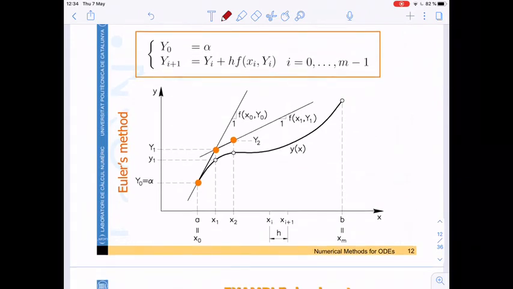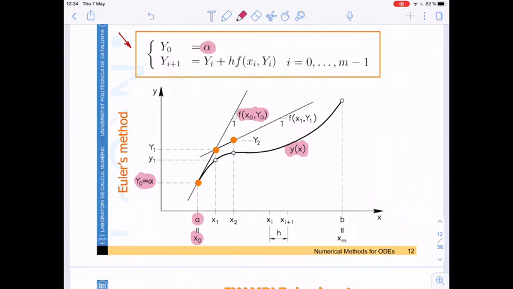Euler's method is this simple stepping strategy where we start by setting y0 to alpha according to the initial condition. So for point x0 equal to the left edge of the interval a, y0 is the given value of alpha. And then what we do is compute f(x0, y0), which can be regarded as the slope of this line tangent to the analytical solution y(x).